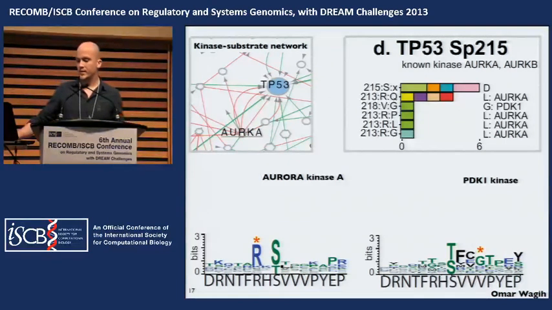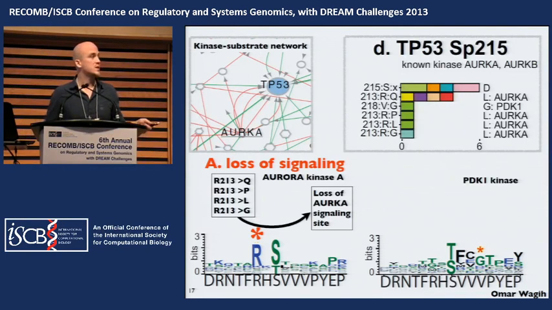The idea of network rewiring comes from a mutation analysis of this site, where we see that in multiple samples, the R residue required by Aurora is actually mutated to many other different residues. This is not very frequent in terms of TP53, but it gives us mechanistic insight of how those mutations may lead to differential kinase phosphorylation. And this is a kind of a loss of signaling event.